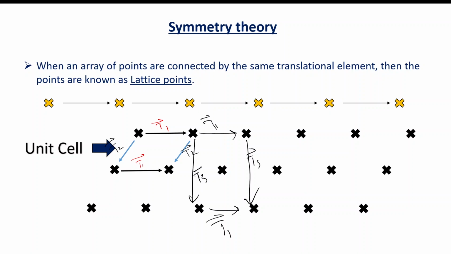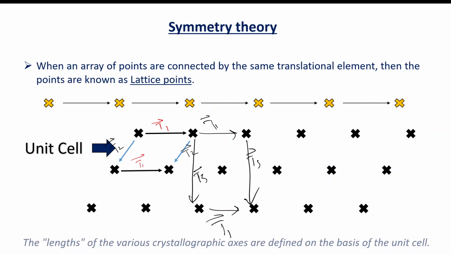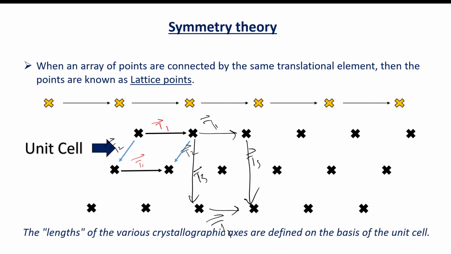So now I can have a different kind of unit cell within the same lattice net with the same arrangement of lattice points, but now your choice of translation is different. A combination of T1 and T3 translations is now giving you a different unit cell. The lengths of the various crystallographic axes of a crystal are defined on the basis of this basic building block, that is your unit cell.